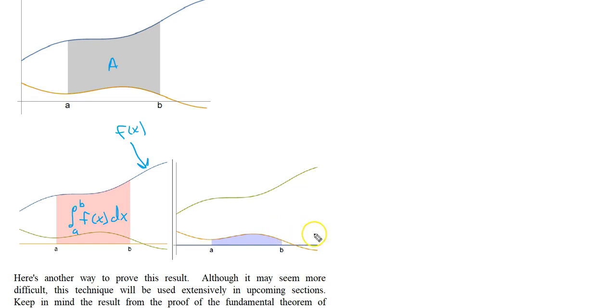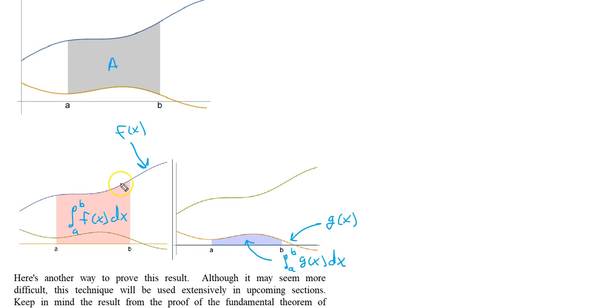Now over here, the lower curve is the function g of x, and so the area of this shaded region right here, bounded between the graph of g and the x-axis, is going to be the definite integral from a to b of g of x.